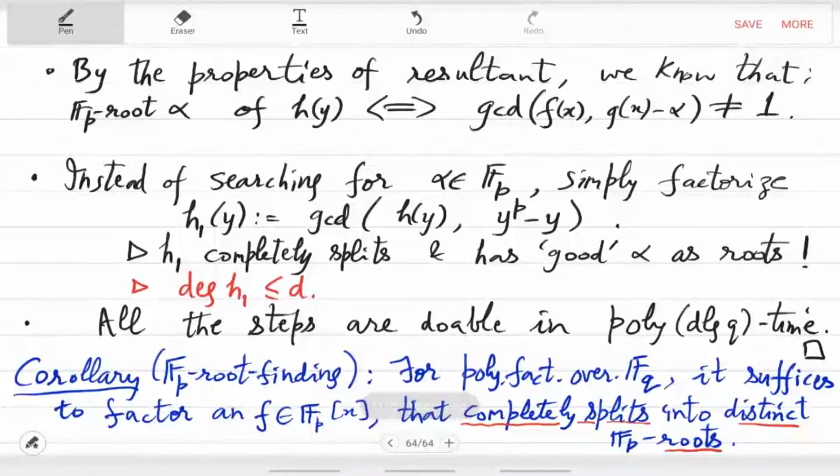You are given a number a modulo p and you want to take the square root of a modulo p. Either it will exist or not exist, which you will be able to check, but when it exists you want to find it, and you still have not solved that problem. So now we will see an algorithm that solves those problems.